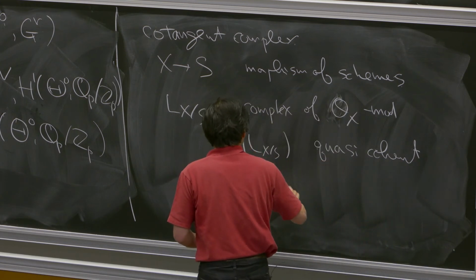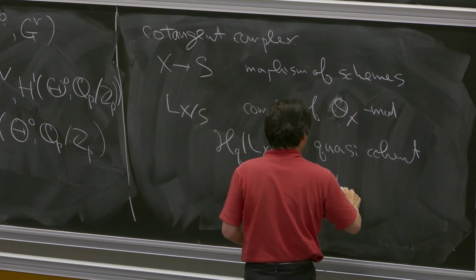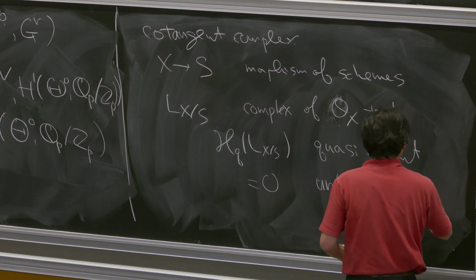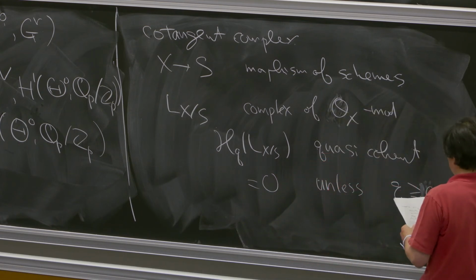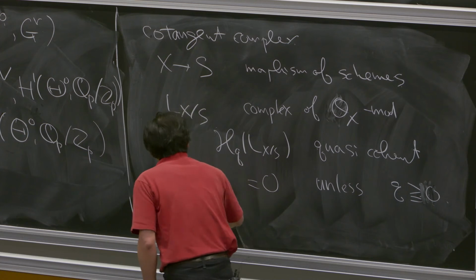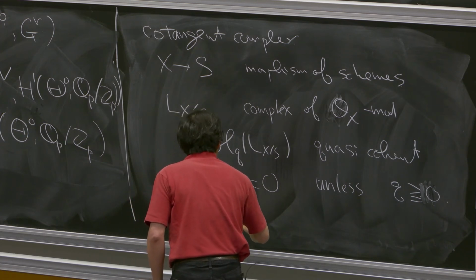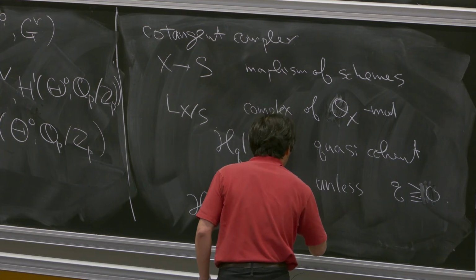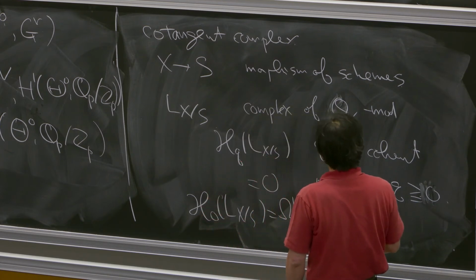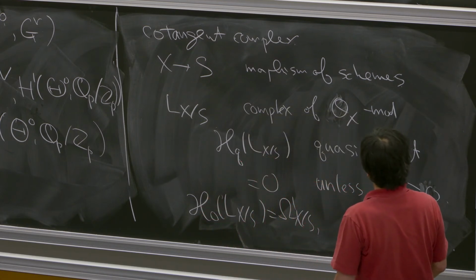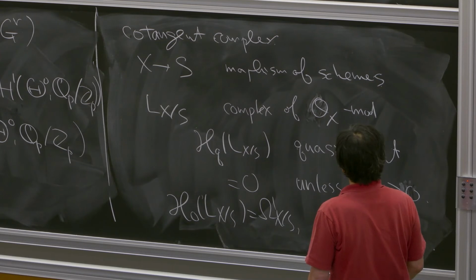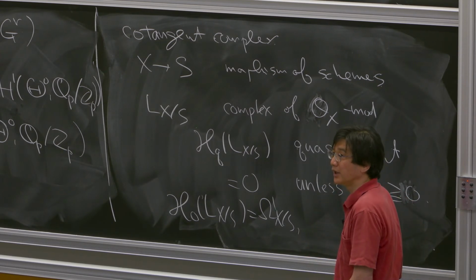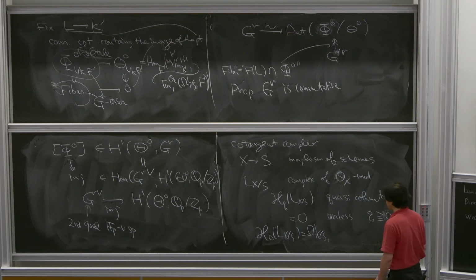And they vanish in positive degrees, and H0 is omega 1. H low 1.